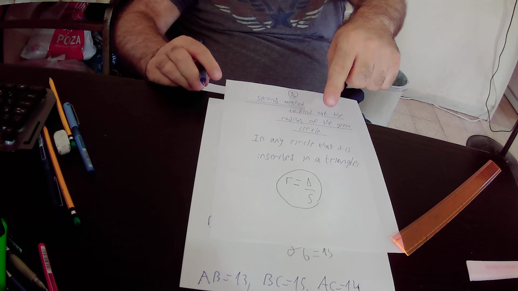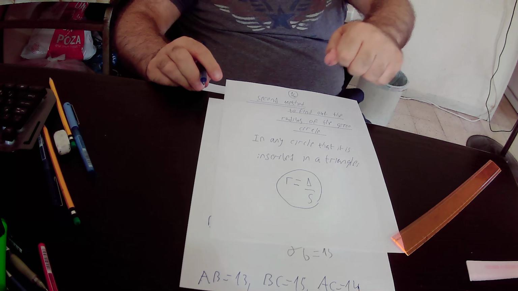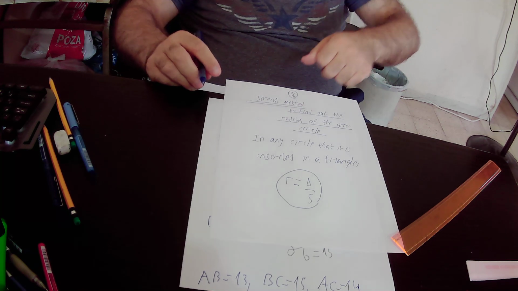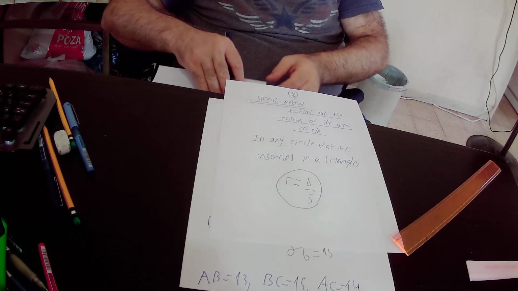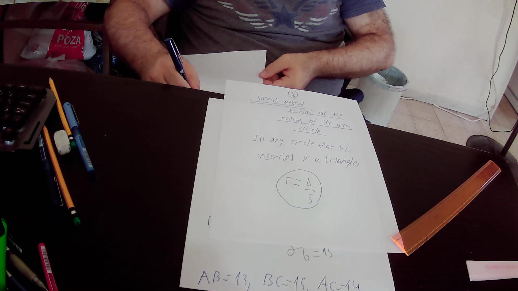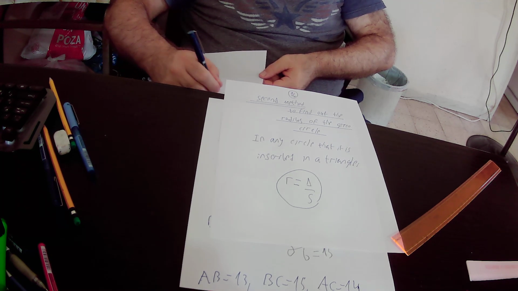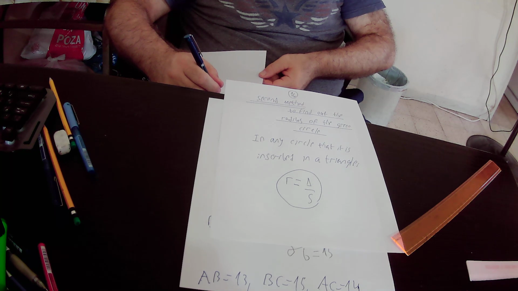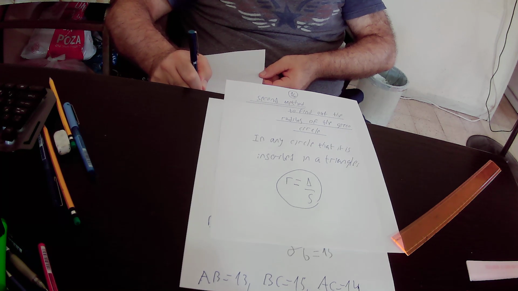S is the semi-perimeter of the triangle that contains the circle. So we have already found out that delta, that is the area of triangle ABC, equals 84 square units.